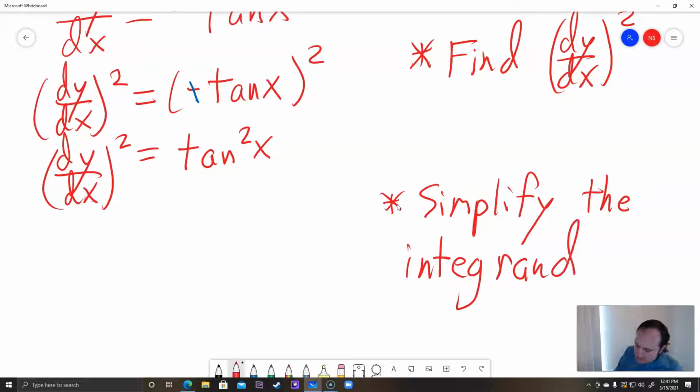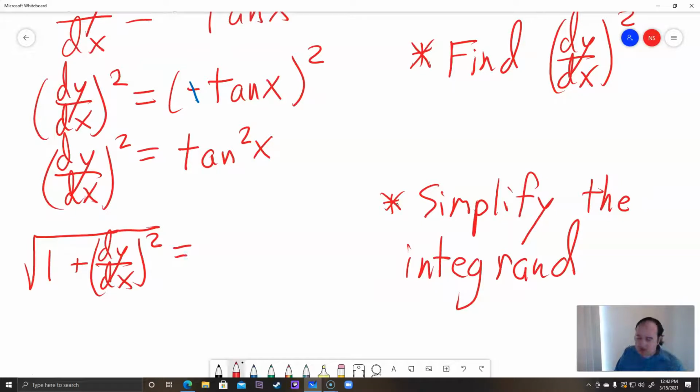Inside the integrand, we have the square root of 1 plus dy dx quantity squared. What we have to do is plug in tangent squared of x for the dy dx squared, and then we're going to use a trig identity. So we have the square root of 1 plus tangent squared of x.